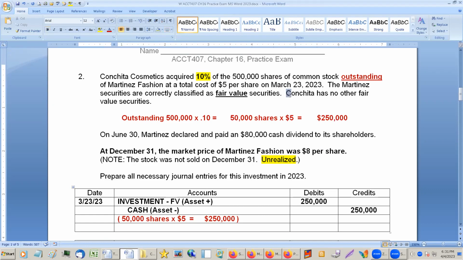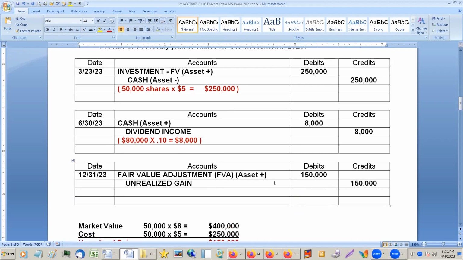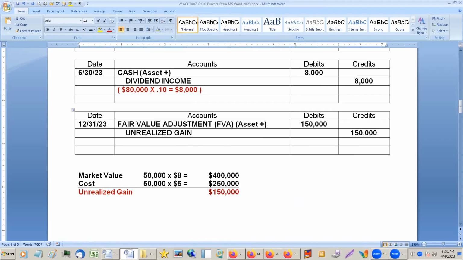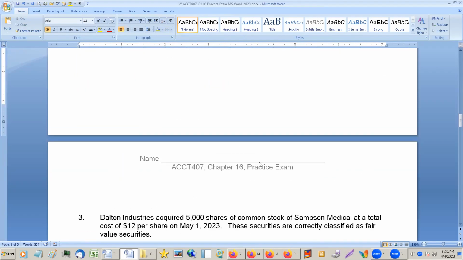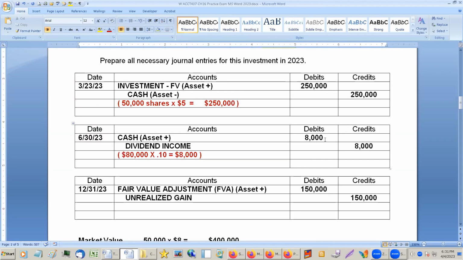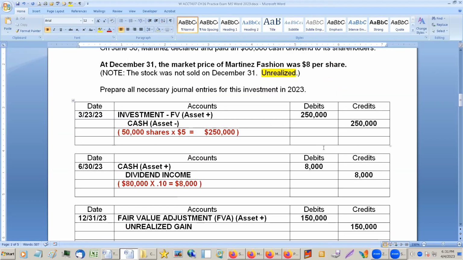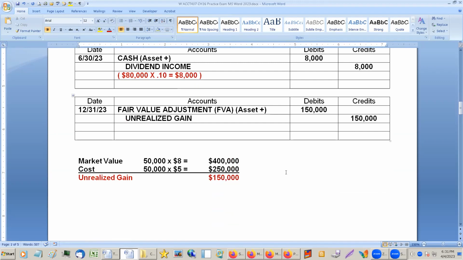Okay, now, this actually is kind of important here. Conchita has no other fair value securities, and this is important for two reasons. First of all, if there's more than one security, you'd have to do a portfolio like we're going to do later on. And also it tells you that the fair value adjustment was 0 at the beginning.